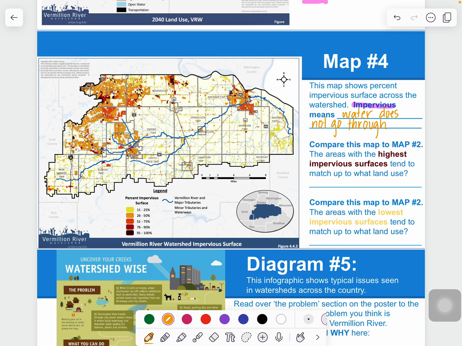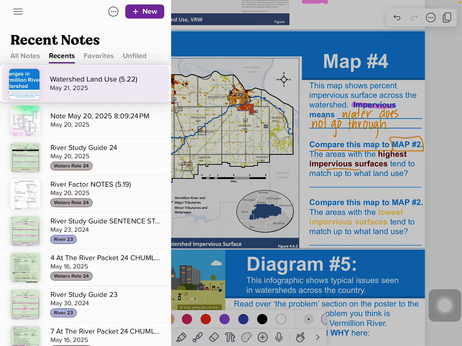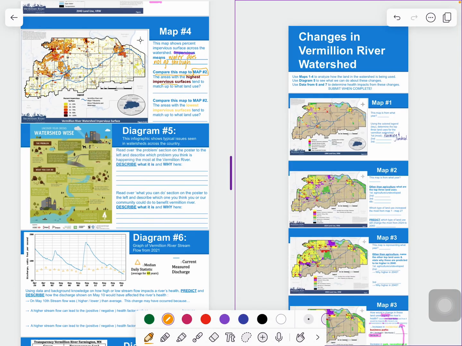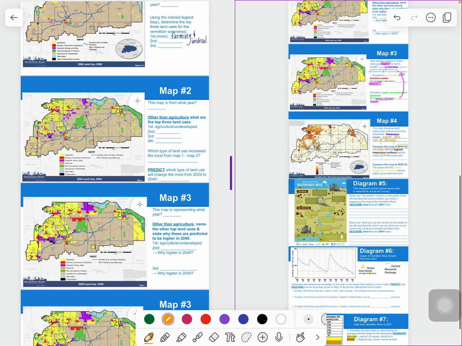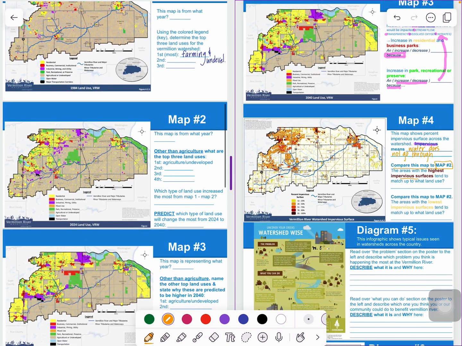And this is maybe the trickiest part. We're going to compare this map to map 2 and try to figure out what ground cover gives really high impervious surface. So this would be a great one to go halvesies with. So you can see 2 and 4 at the same time and say, okay, there is really high impervious surfaces where this dark color is.